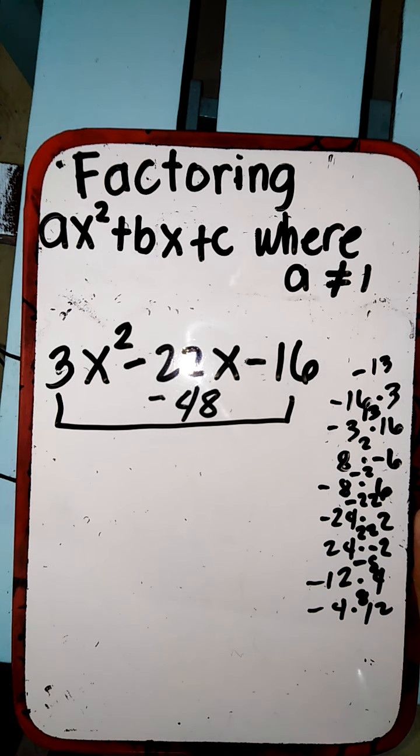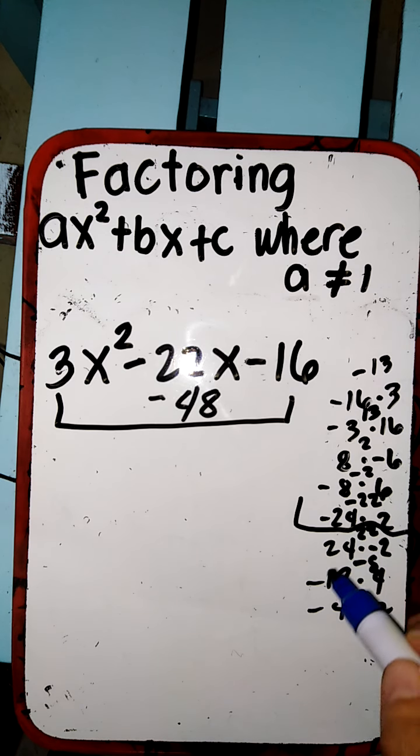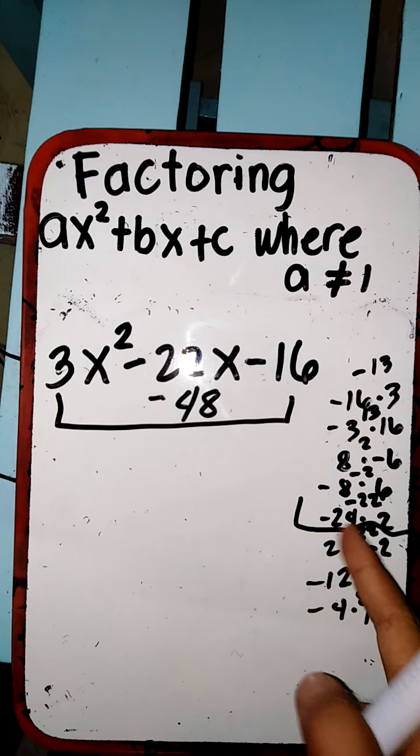So, which of these factors of negative 48 has a sum equal to negative 22? See, negative 24 and 2. So, we are going to use these factors.